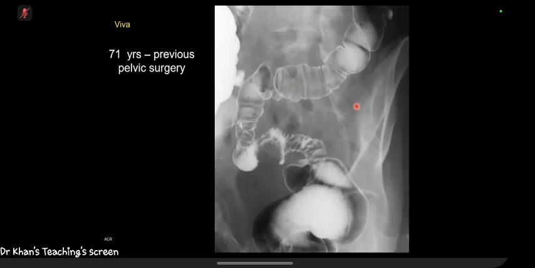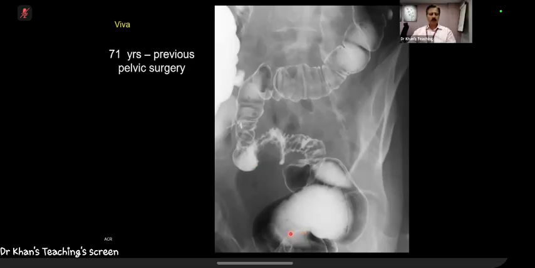This is a double contrast barium enema. I can spot that there is extrinsic compression of the sigmoid colon with mural irregularities. I could see surgical clips. There is narrowing of the colon as well. So I think, if this is a female, I would think of endometriosis as the cause of surgery.